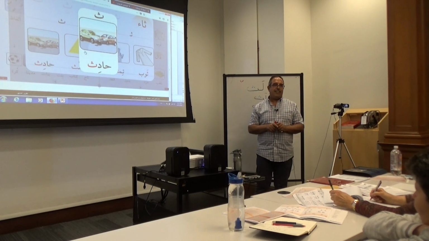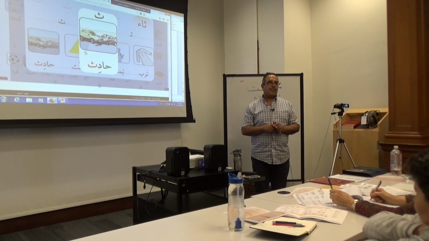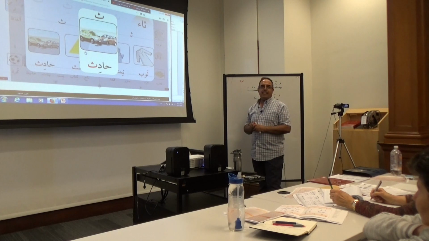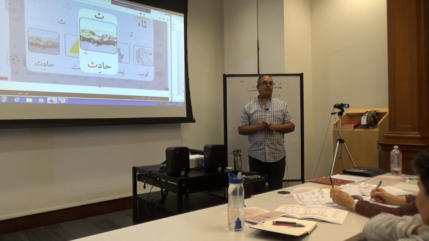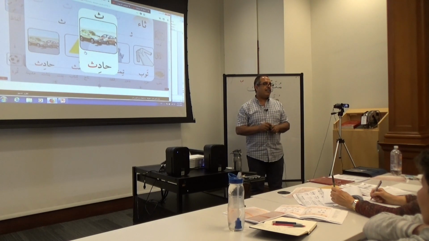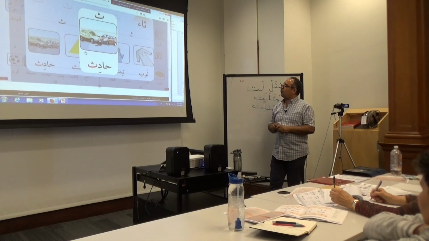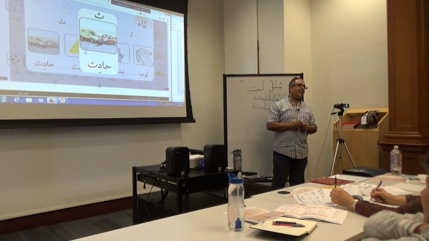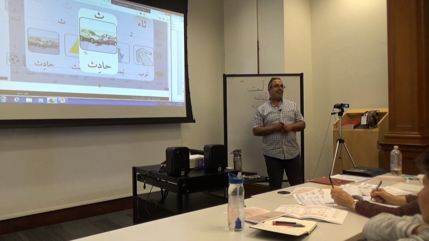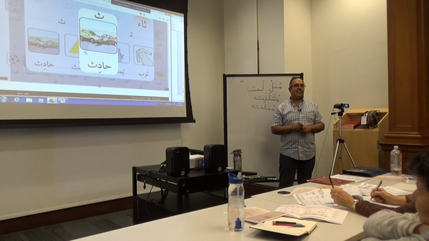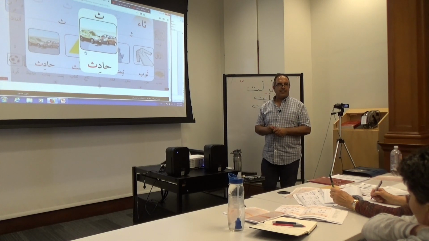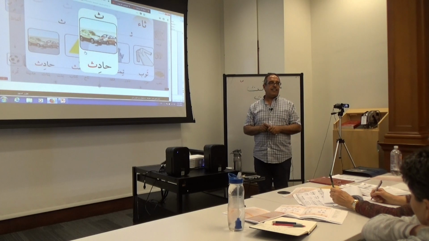Ha. Then what do we have after alif? And the dal has what? D has kasra, which is D. Hadi.